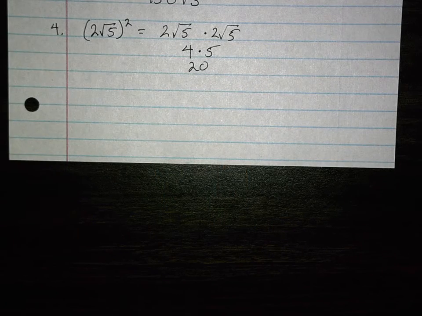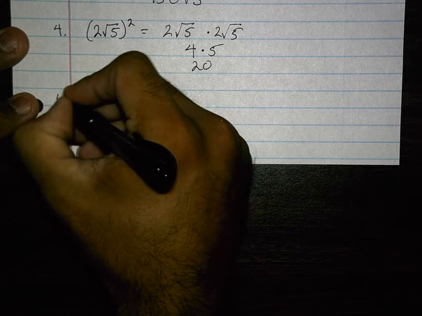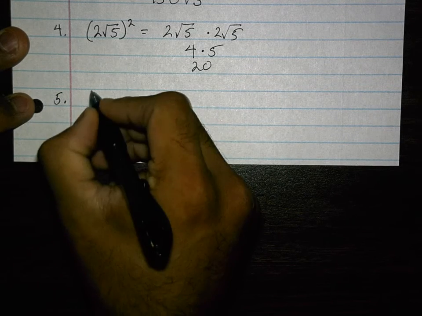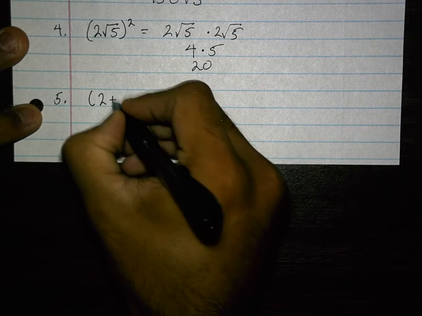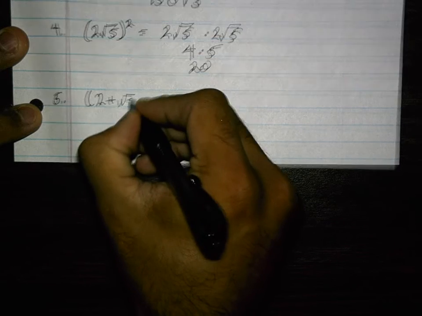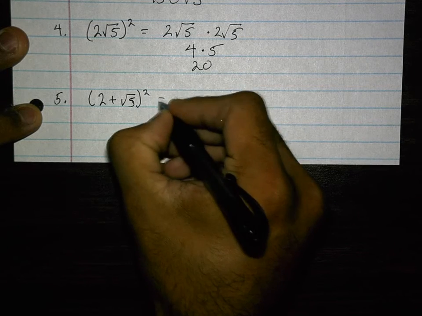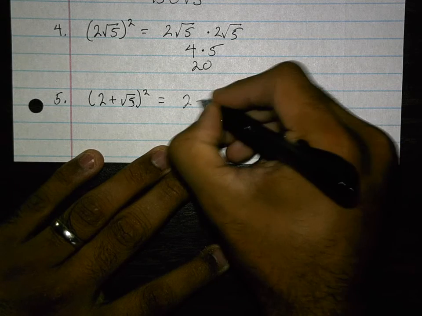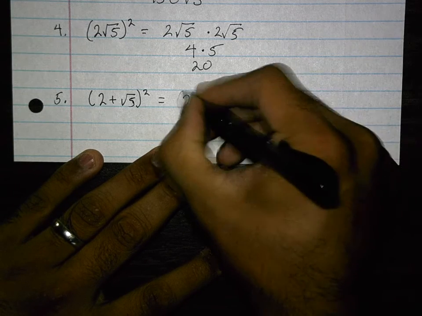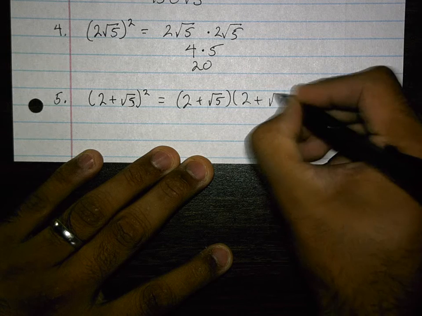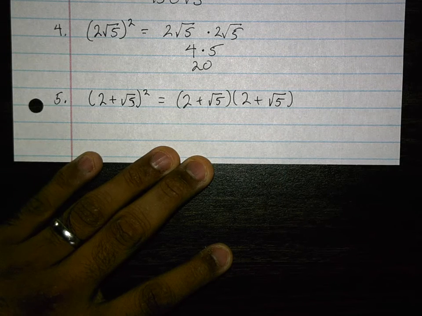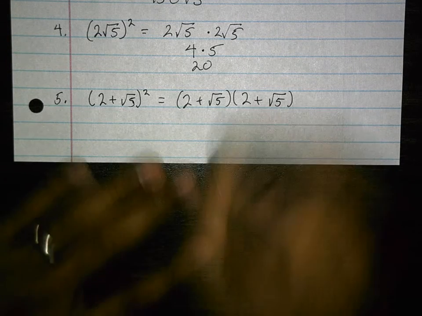Looking at number 5 here. 5 is not the same type of question, or it is the same type, it just acts differently. This is equal to 2 plus root 5 times 2 plus root 5, and this needs to be FOILed.